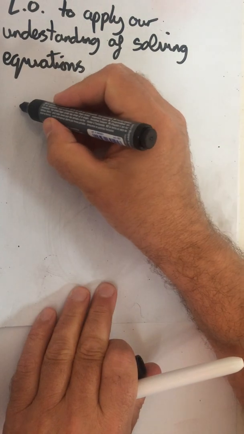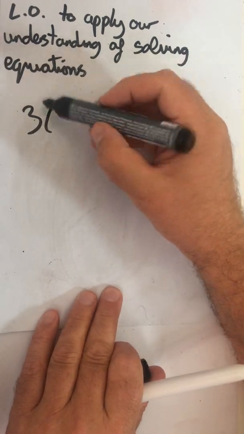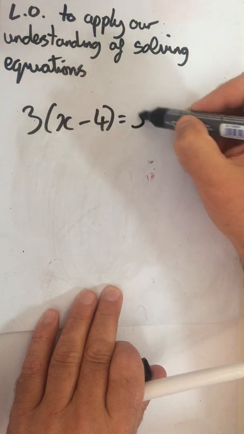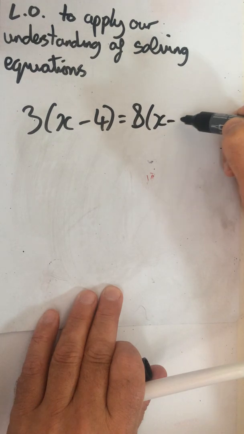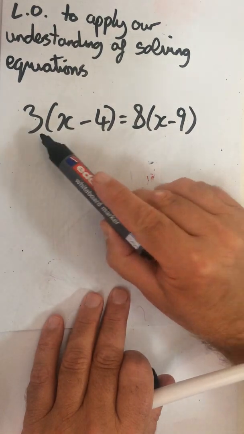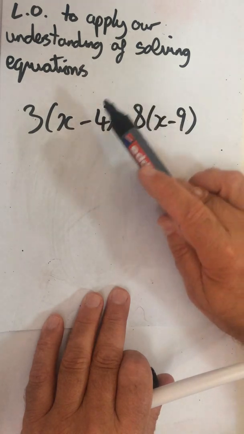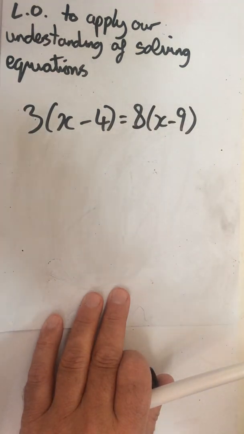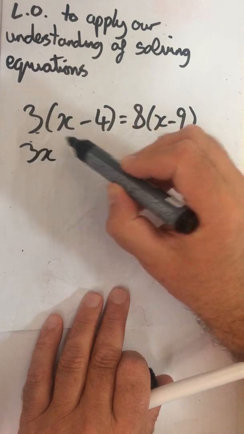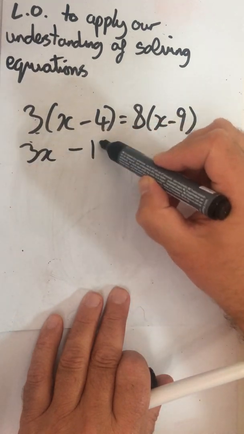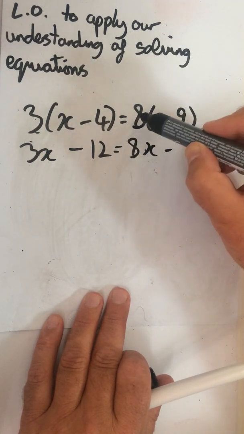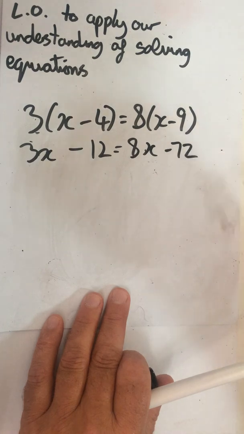Same if I get one that has brackets. So I've got 3 brackets x take away 4 is equal to 8 brackets x take away 9. Now straight away I can tell I'm going to get 3x on this side, 8x on that. I'm probably not going to swap them yet. Let's just expand the brackets first. 3 times x, 3x minus 3 times 4, 12, is equal to 8 times x, 8x minus 8 times 9, 72.